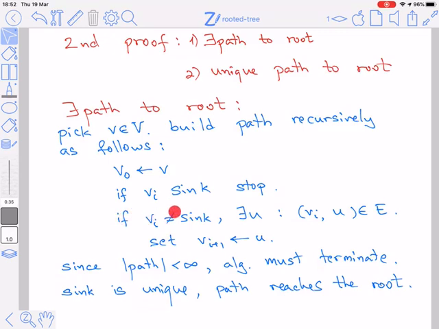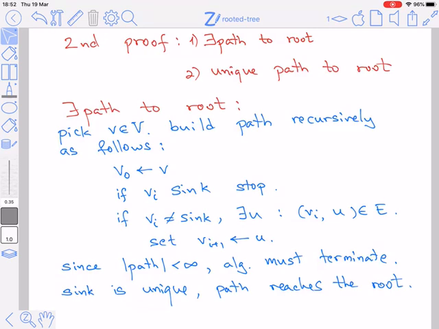If Vi is not a sink, then there exists a node U such that there is an edge from Vi to U, and now we define Vi plus 1 simply to be the node U. So having defined V0, V1, V2 up to Vi, we define Vi plus 1 simply by extending the path by a single edge. This is the edge that emanates from the last node we find. And once we reach a sink, we stop.